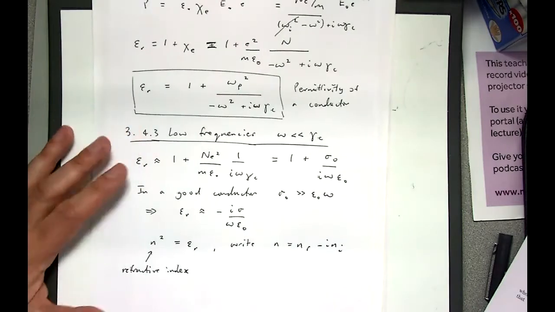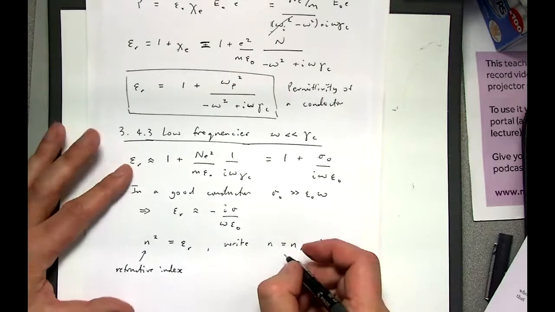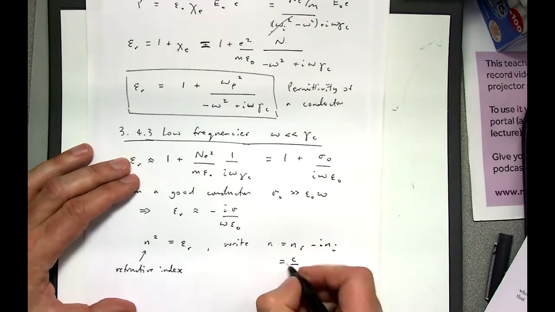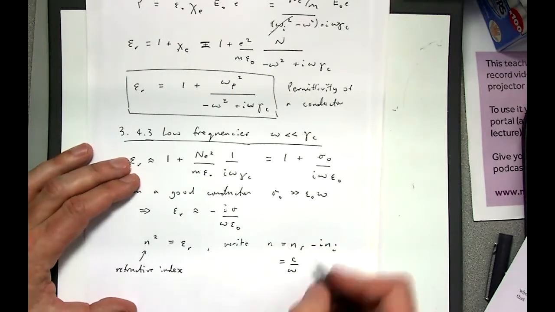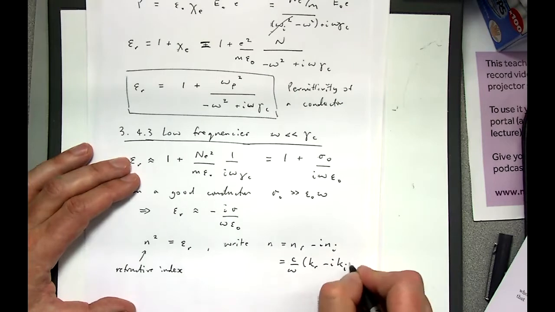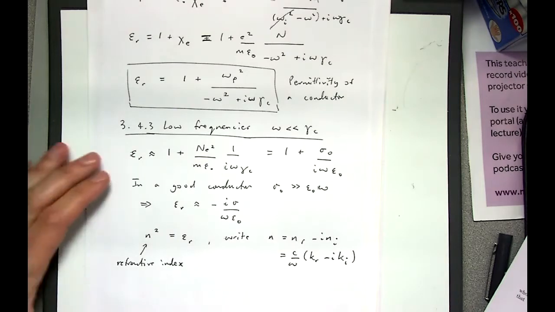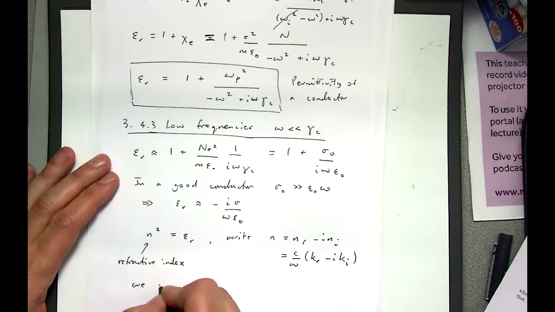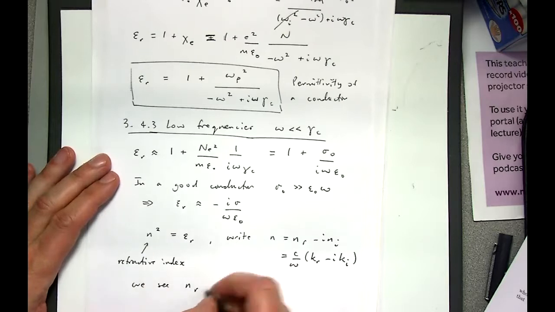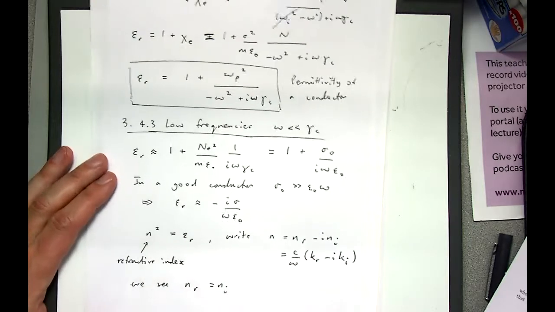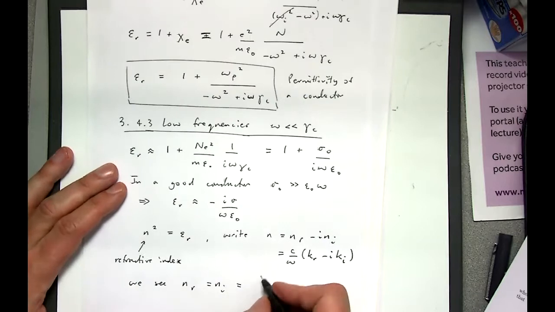So there's obviously going to be an absorptive part. We can rewrite that in terms of the real part and the imaginary part of the wave number. So the real part's obviously the oscillatory motion, and the imaginary part is the attenuation. And we see straight away that the real part and the imaginary part of the refractive index, their magnitudes are equal, and they're equal to the conductivity scaled by the frequency.